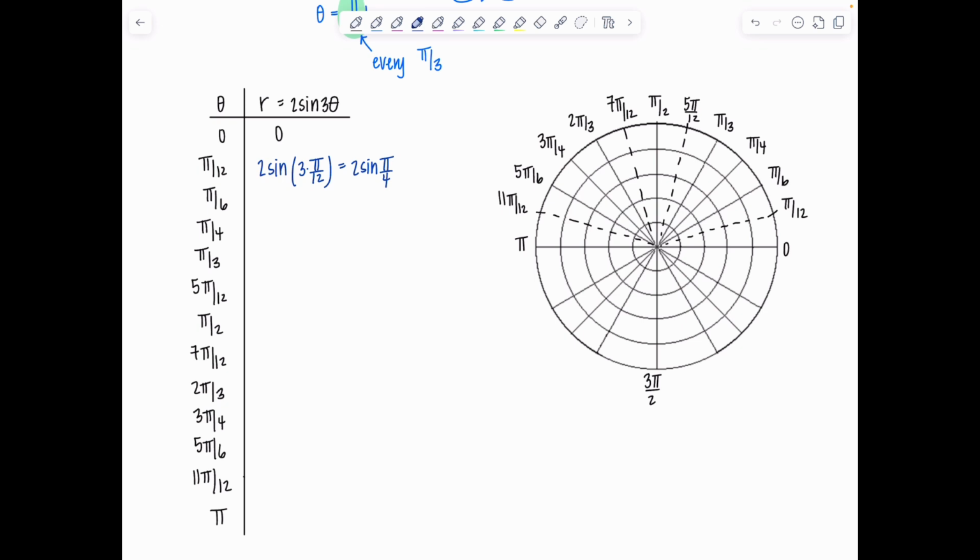Sine of pi over 4 is rad 2 over 2. So this is 2 times rad 2 over 2, which is rad 2. Okay. It's helpful. Just keep this in mind moving forward in your math career. Rad 2 is about 1.4. And rad 3 is about 1.7. Okay? Especially if you're not using a calculator.